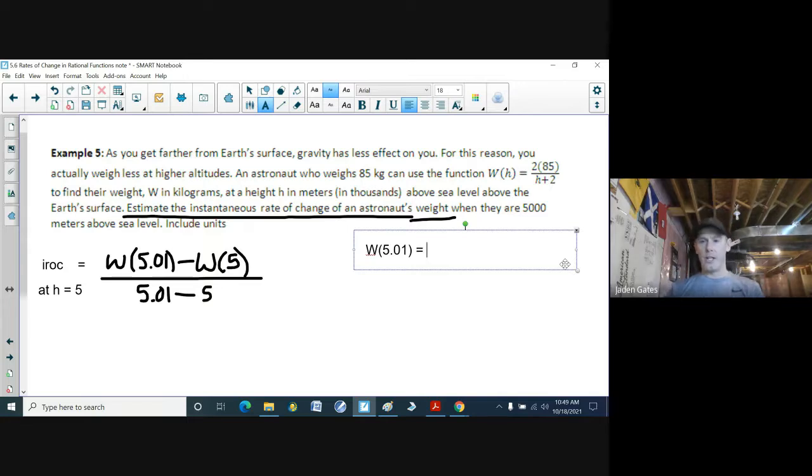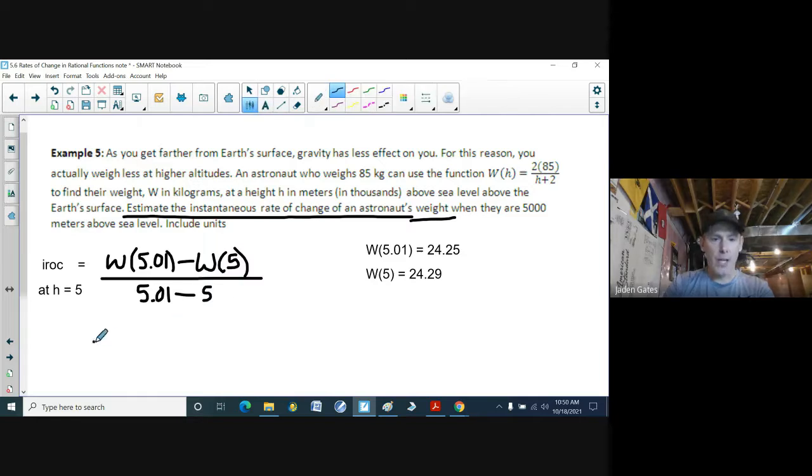Oh, that's an easy one. I got 7.01 in the denominator there. So 2 times 85, and then divided by 7.01, and I get 24.25. I can also find W of 5. That just means I take that 2 times 85 and then divide by 7, which I end up with is 24.29.